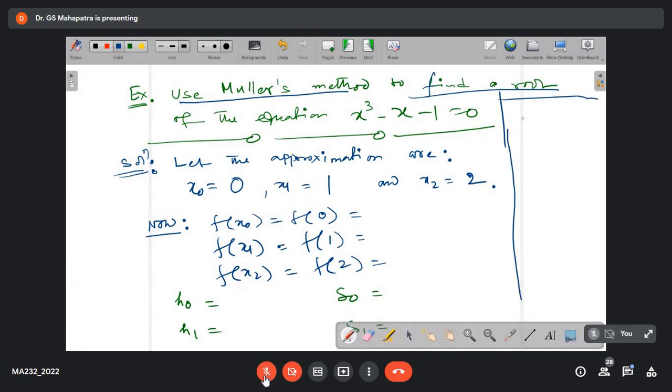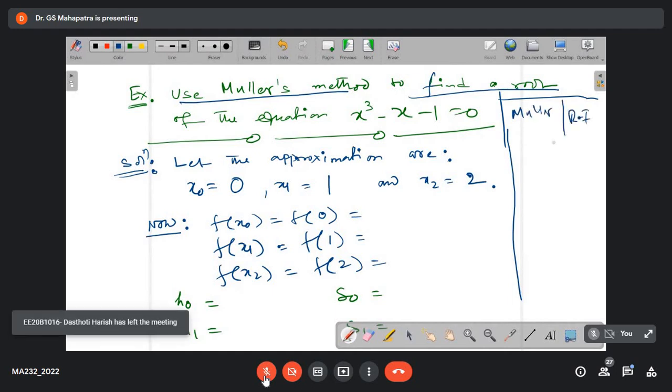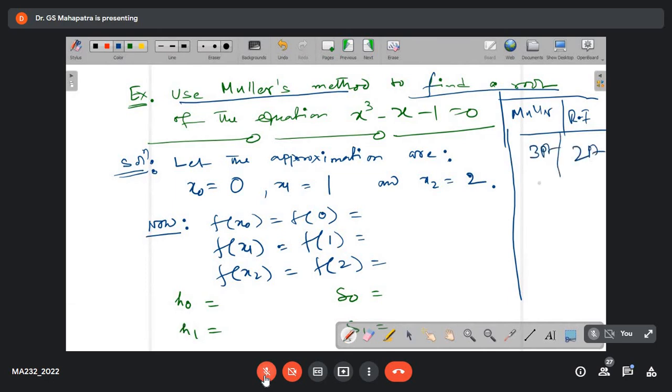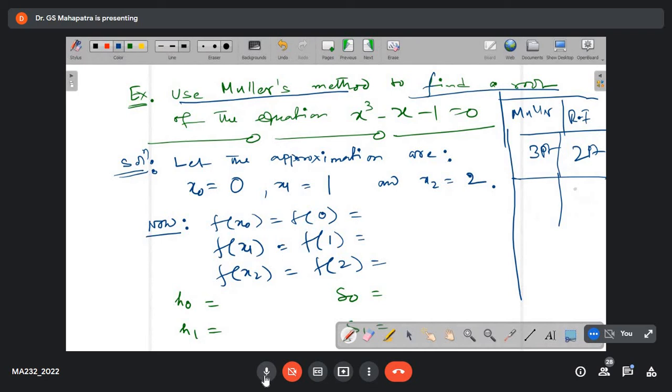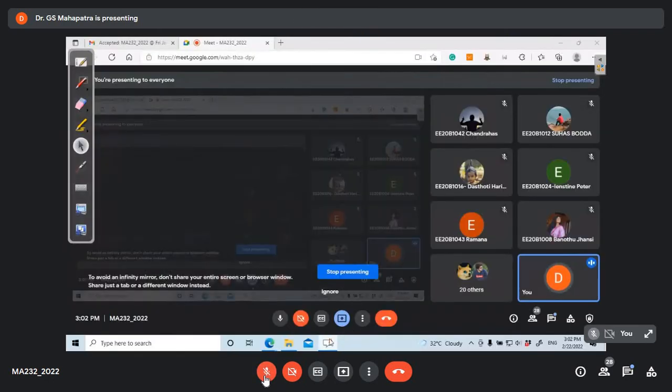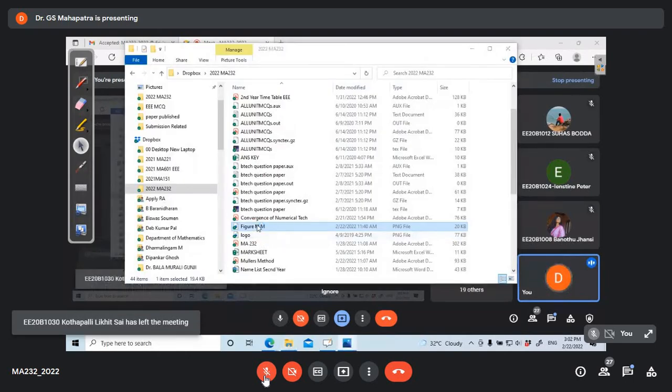What is the difference between Muller method and regula falsi? It is 3 point, it is 2 point. Fine. Anybody else? Should I give you a hint? Okay, fine. Now I need one more answer from you.